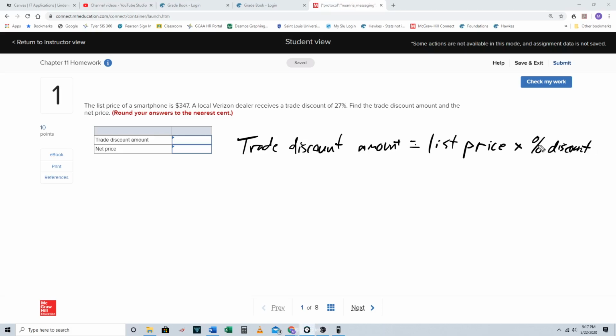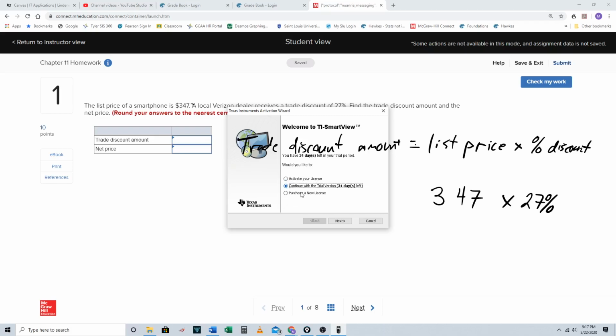So basically, it's like just finding a regular discount. If you want to know the amount of discount, multiply the price on the shelf times the discount rate. So 347 times 27%. I have no clue what that is, so we're going to go to our calculator.